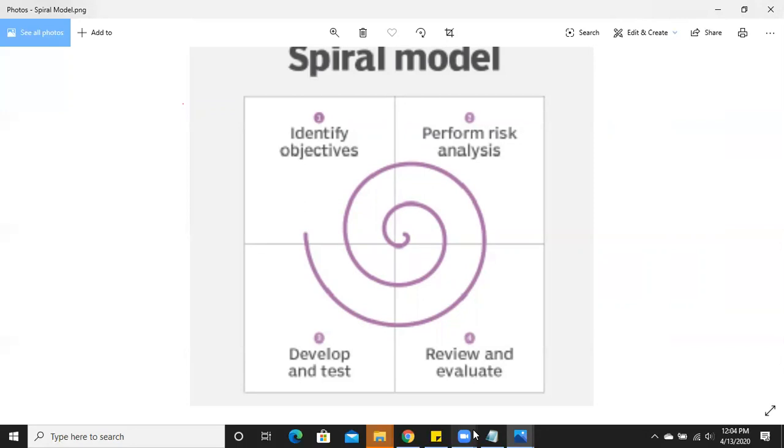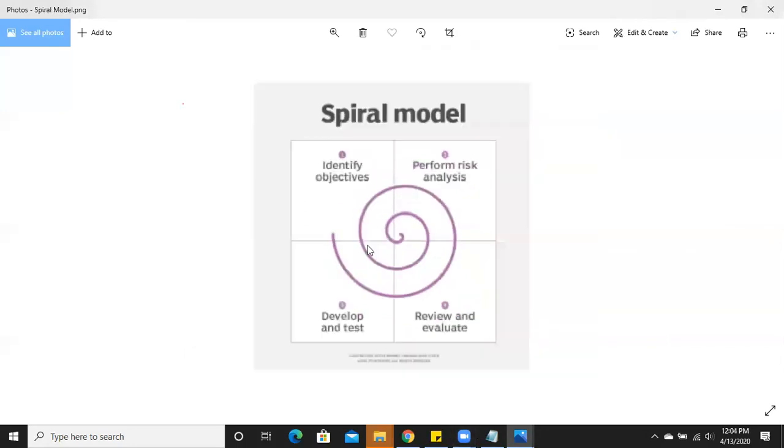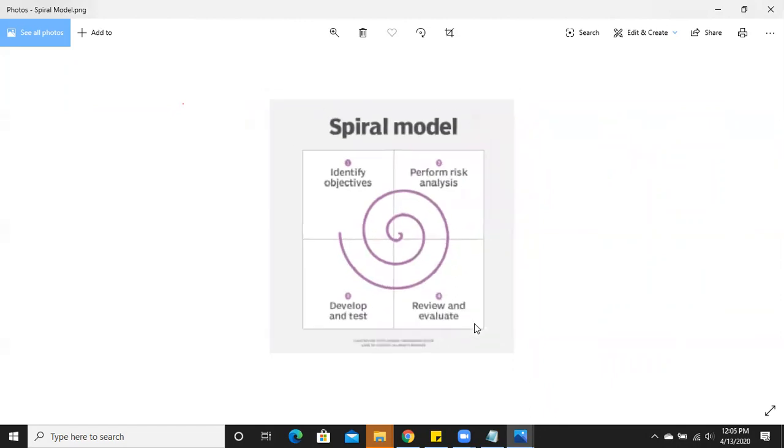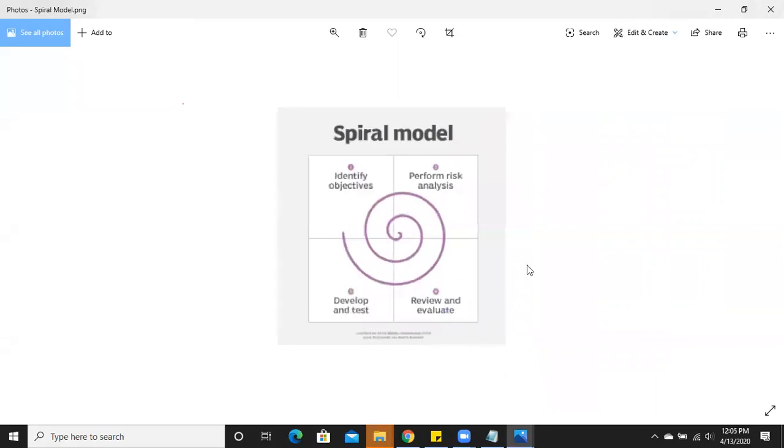I don't think there is a requirement of explaining this, because I already said it theoretically. First we will identify the objectives, then we will perform risk analysis, then we will review and evaluate. The developer will review and evaluate whether there are any changes left.